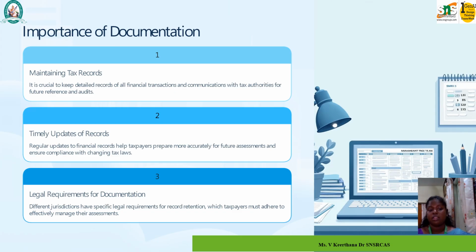We have to update the records based on changing tax laws and have regular updates on financial records. Next is legal requirements for documentation. Different jurisdictions have legal requirements for record retention, which taxpayers must adhere to in order to actively manage their assessments.